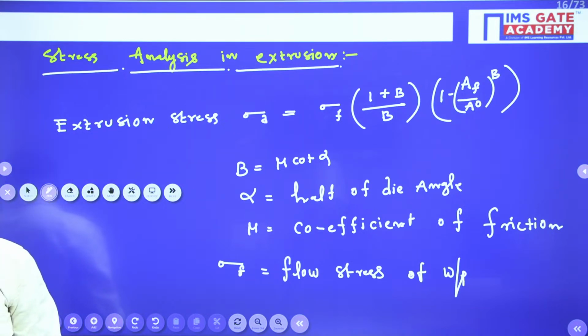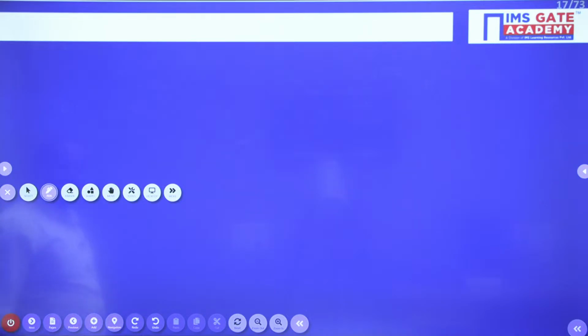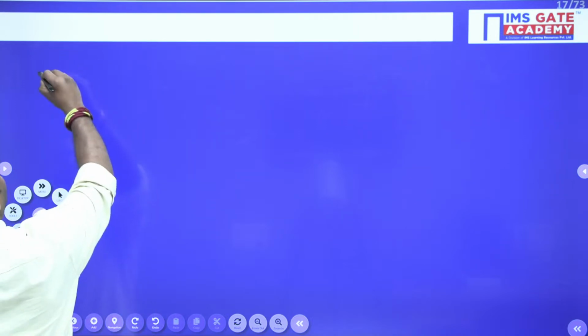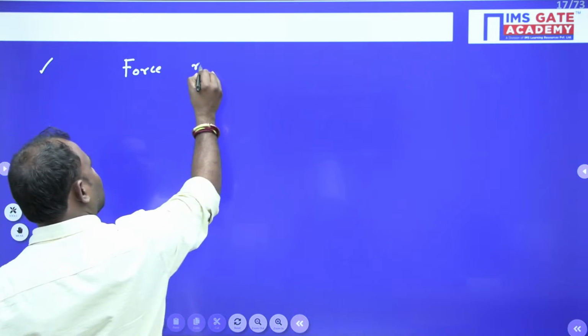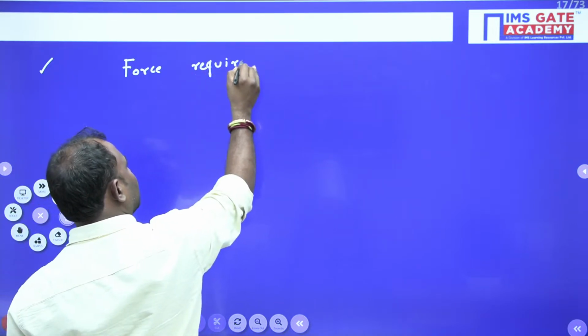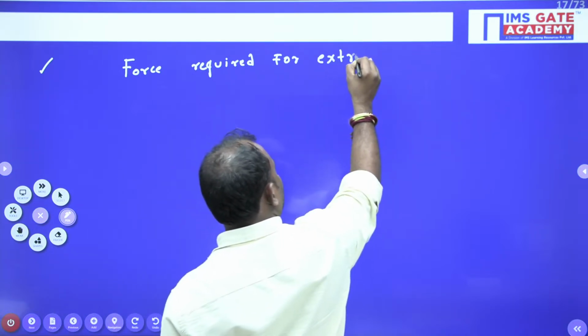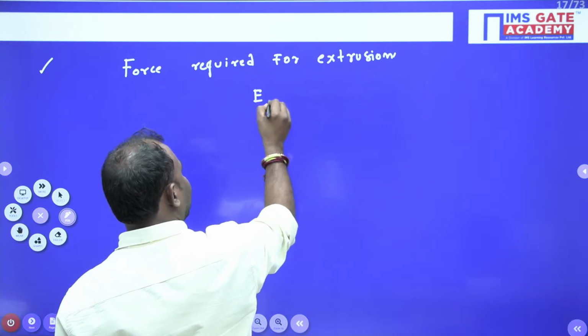Now let us move to the force required for extrusion. Right. Here EF is the extrusion force.